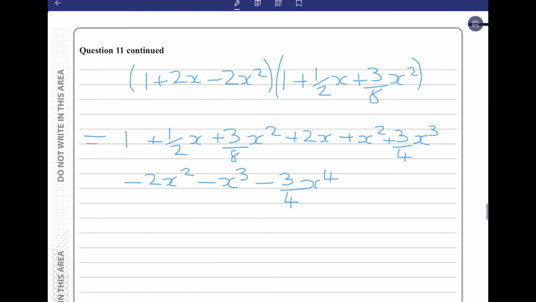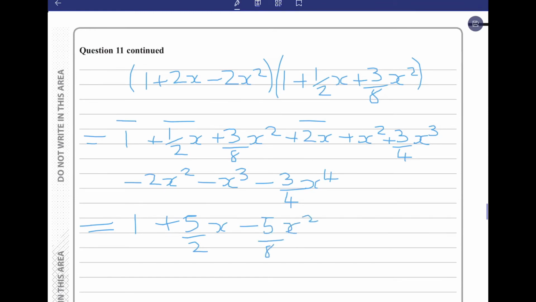And the only terms we're interested in are up to the quadratic, so let's just concentrate on those. So we have a 1. For the x's we have 5 over 2x, that's combining this term and this term. We've used the 1. The x squareds, we have 3 over 8x squared plus x squared minus 2x squared, and that's going to give us minus 5 over 8x squared.